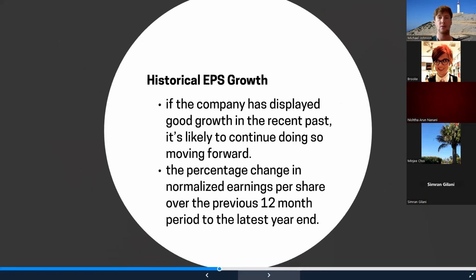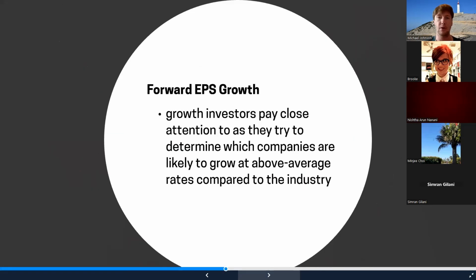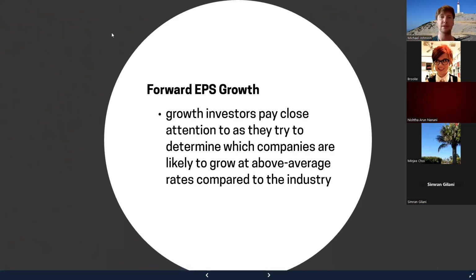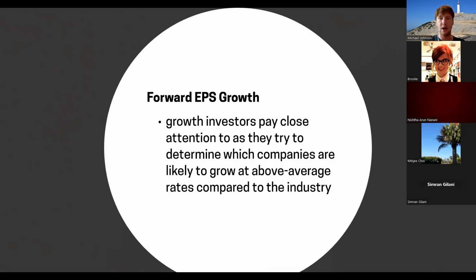And then forward EPS growth. Investors pay close attention to this as they try to determine which companies are likely to grow at above average rates compared to the industry. So this is a prediction. Like we said before, forward EPS growth should be 40% if the P/E is 40.